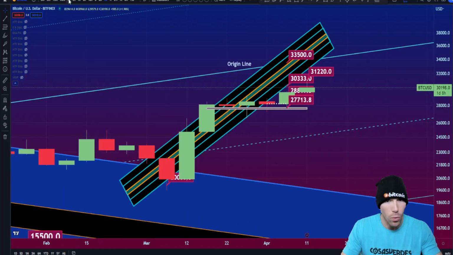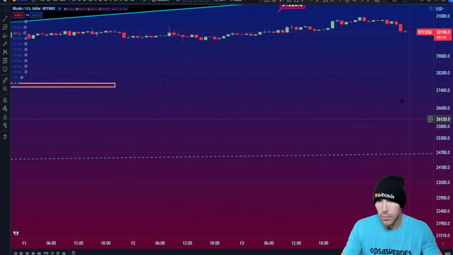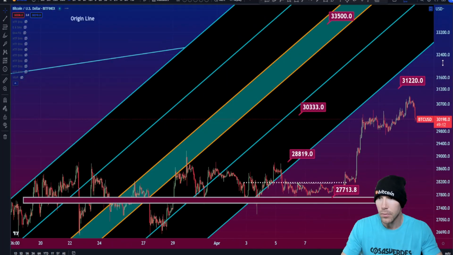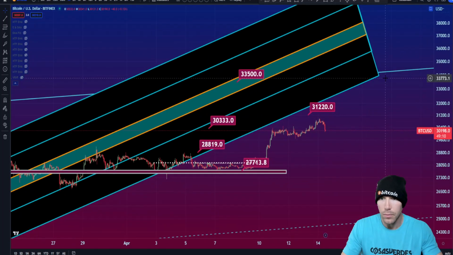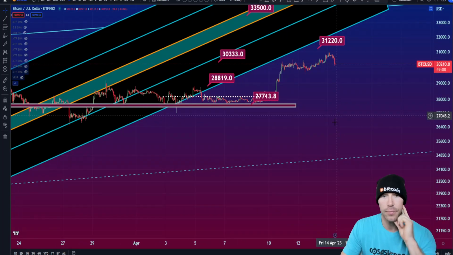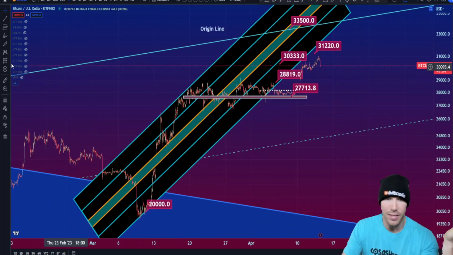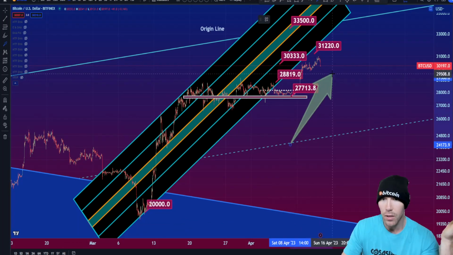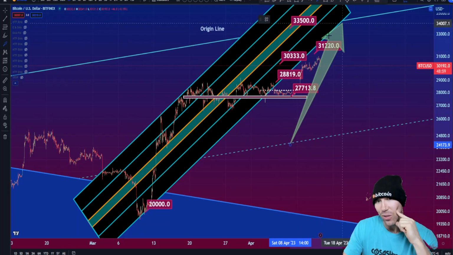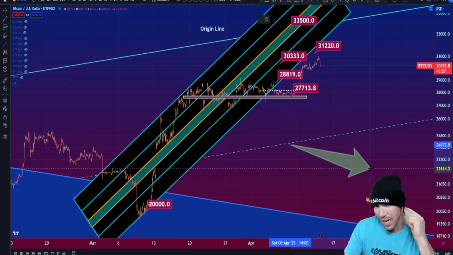I'm going to go down to the 1 hour. Here's the origin line. It didn't get up to it. So here, it's a little bit more than halfway from here to here, but it's not really that close. So on this, it has not broken the rule.